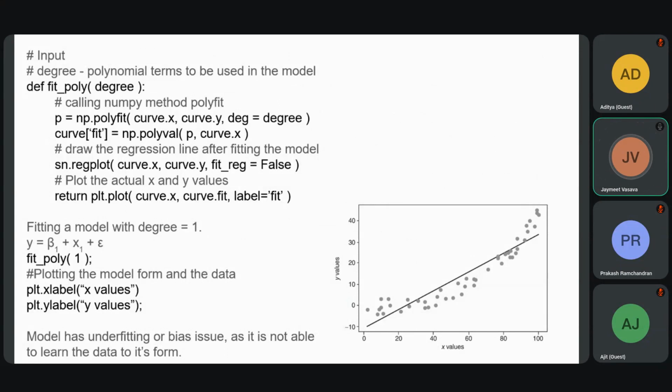First defining the method fit poly, which takes the parameter of degree. Then getting the values for the curve x, drawing the regression line after fitting the model, and plotting the values of x and y.